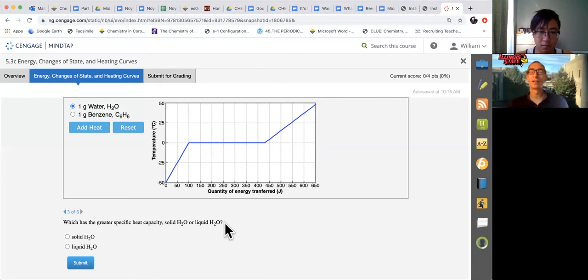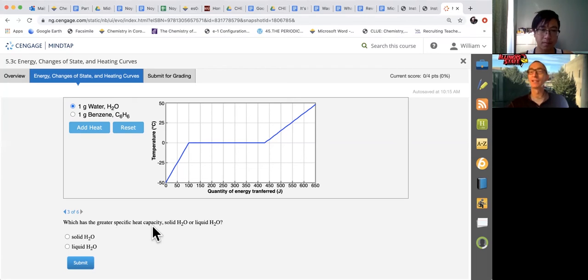So the substance that requires more energy to change by 50 degrees is not this solid. This liquid is the one that requires more energy, and so it has the greater specific heat capacity. Go ahead. So specific heat capacity is just the amount of energy some substance requires to heat it up? Effectively, yes. I think it's defined as the amount of energy required to change 1 gram of a substance by 1 degree Celsius.